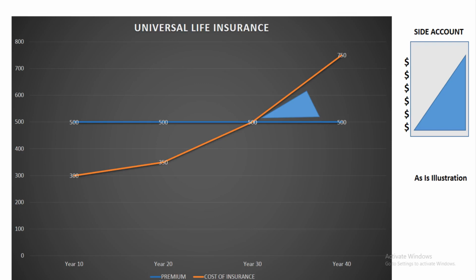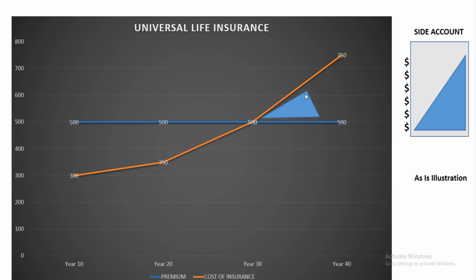So after calculating the illustration, the advisor might tell you that in like year 30, your premium will be equal to your cost of insurance, and that will be taken out of your side account, which you don't want. So to avoid that, maybe you should increase your premium to like $600. Maybe you did the illustration on the 20th year, so from there you increase your premium to $600.